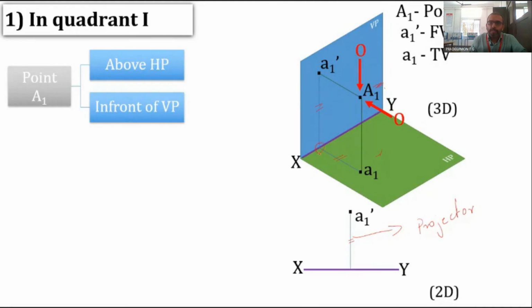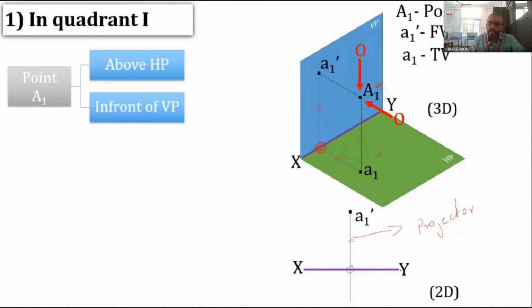So we reproduce this drawing in our two-dimensional drawing, our 2D. Since both the lines coincided at this position, they should coincide in the two-dimensional drawing also at XY. So this projector line will be a continuous line which is crossing the XY line.